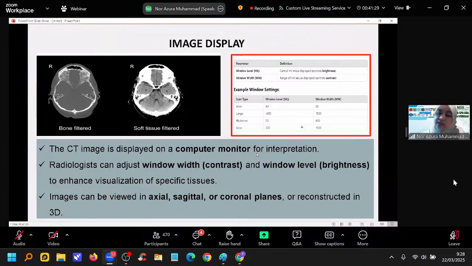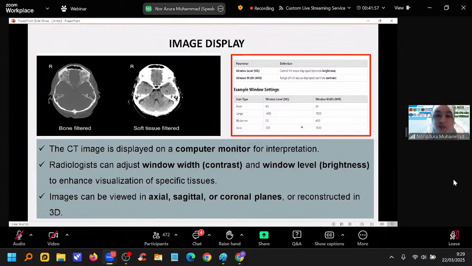Radiologists, doctors or physicists can adjust the window width to adjust the contrast of the image, and also the window level for the brightness, and to enhance the visualization of specific tissues. During image display, the image can also be viewed in axial, sagittal, or coronal plane, or reconstructed in 3D.